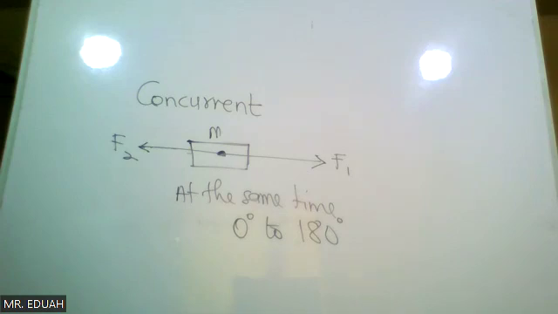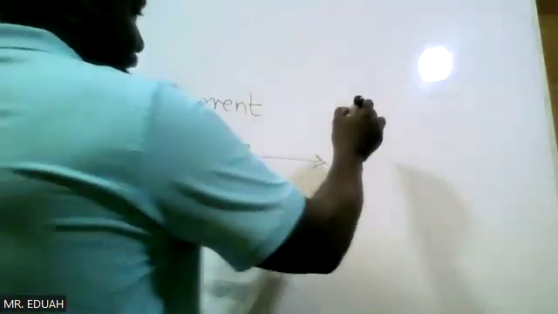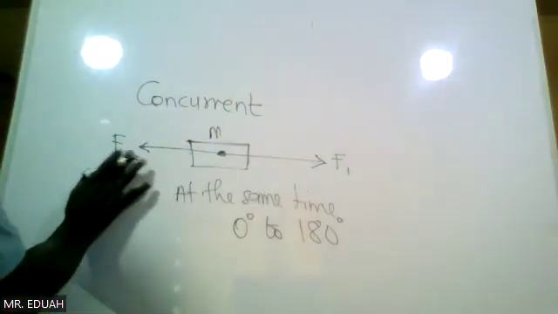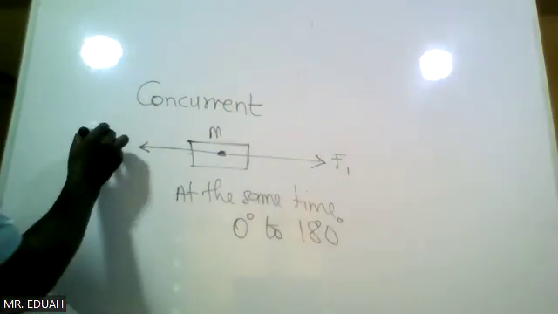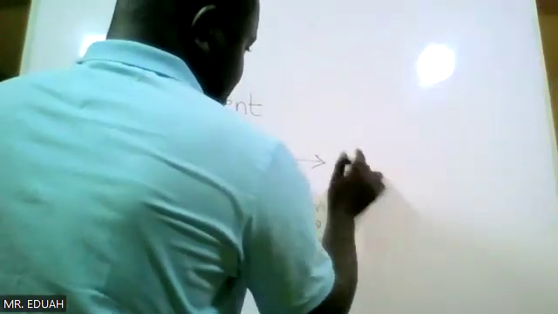Now, as the angle between two concurrent forces, the two forces are 5 and let's assume this is 5 Newton, and this is 7 Newton.